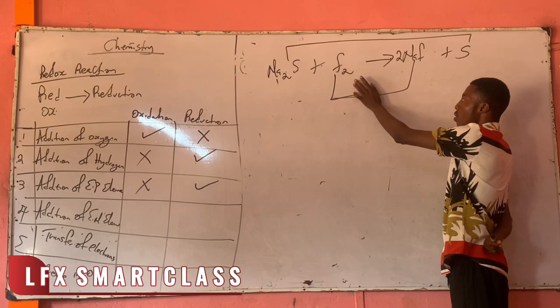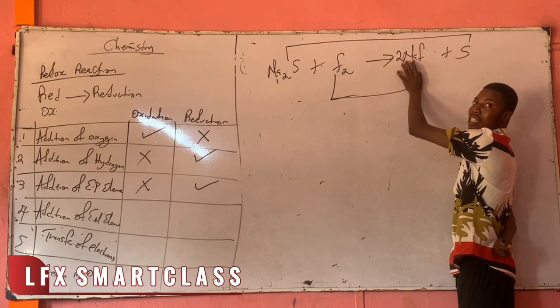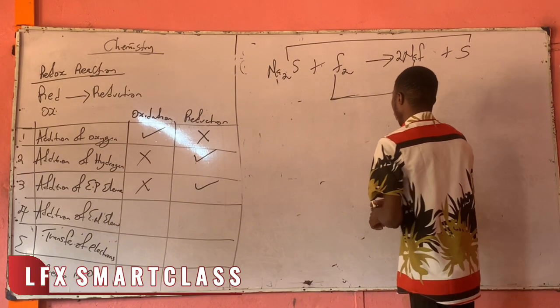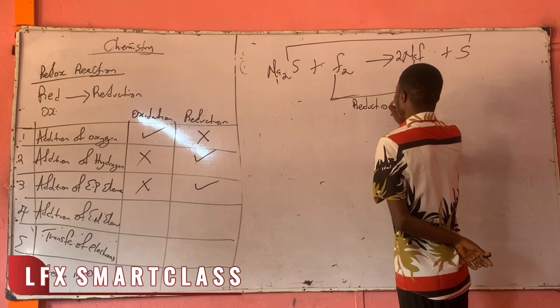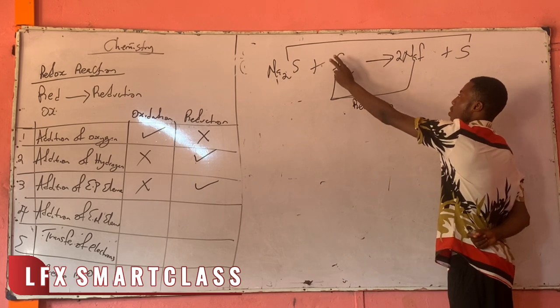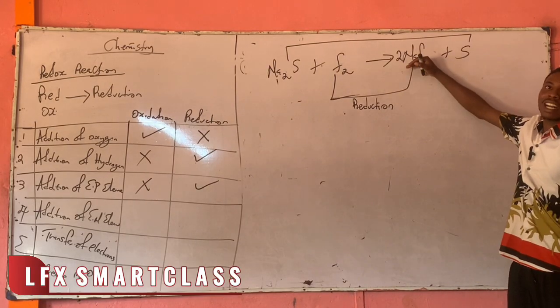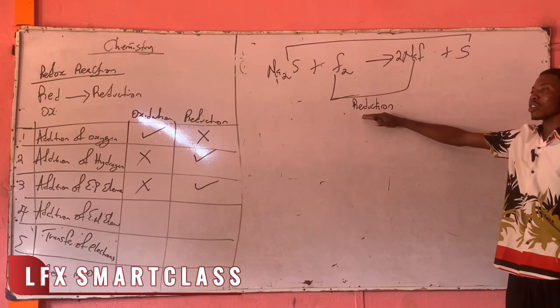But reaching here, fluorine is now carrying what? Electropositive element. What happened here? Reduction has happened here. Why? Because fluorine at this particular point was not carrying any metal. But when it reaches here, fluorine is now carrying metal. Because it's carrying metal, that is what?